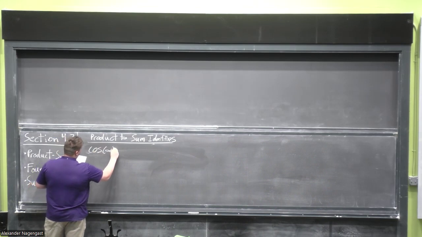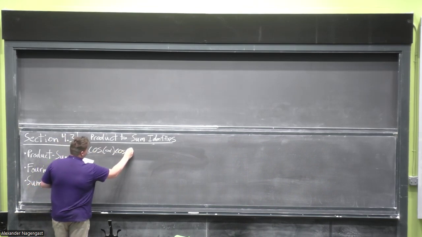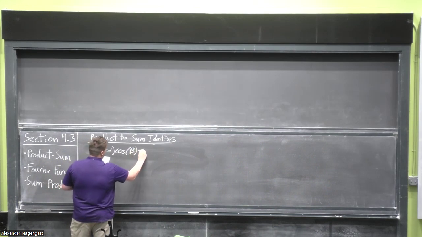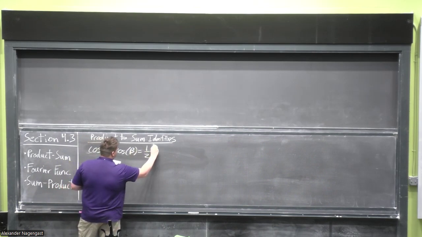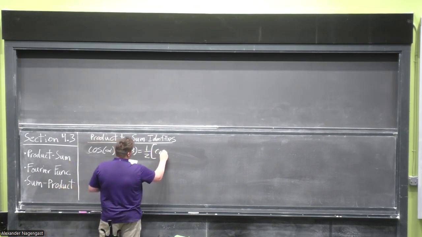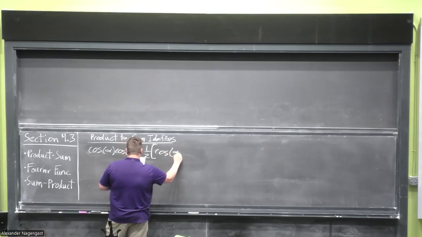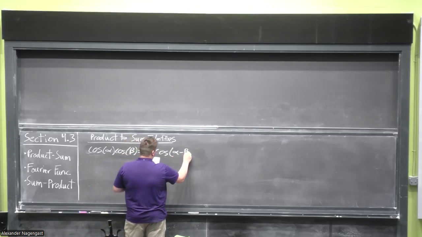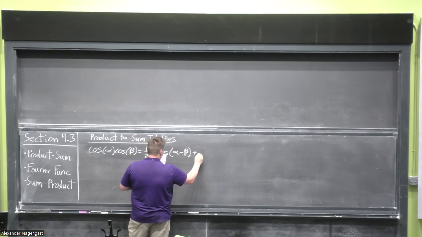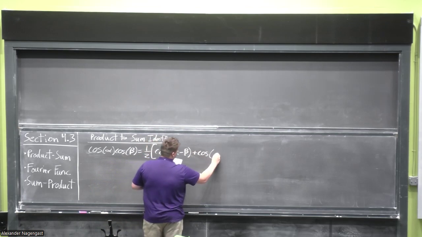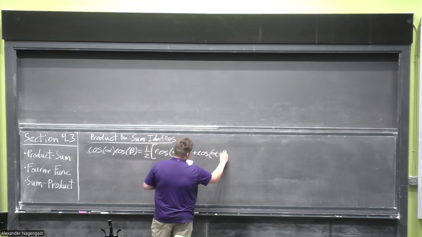cosine alpha times cosine of beta equals 1/2 times the quantity of cosine of alpha minus beta plus cosine of alpha plus beta.